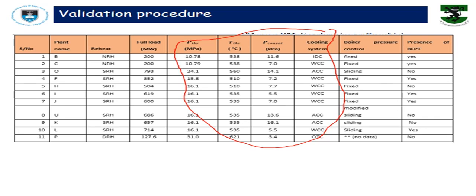So these were the input parameters that were taken for these particular plants and fed into the methodology, and then the results that were predicted were used to compare with the actual data from these plants. You can see that we used 2 non-reheats, that's plants 1 and 2, and then we used about 8 single reheats and 1 double reheat plant.